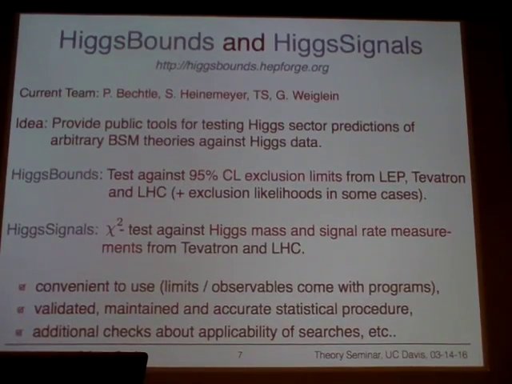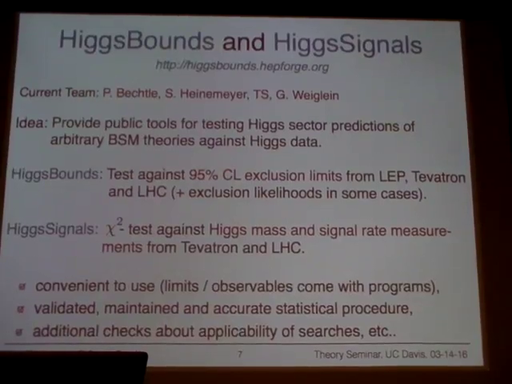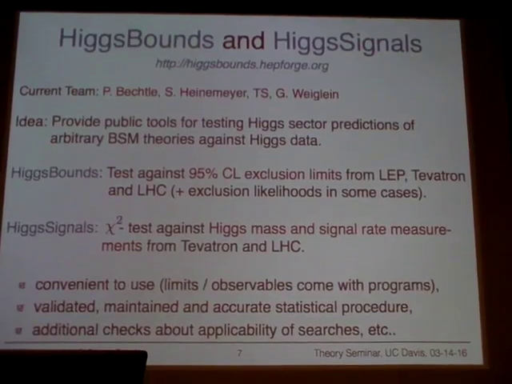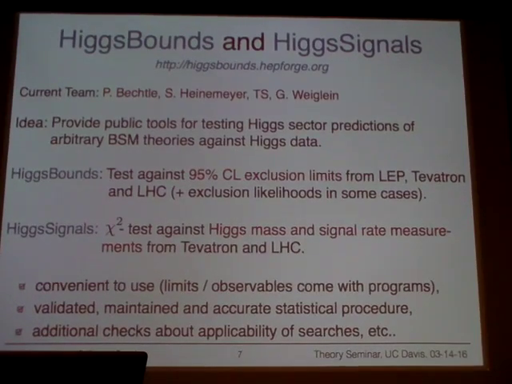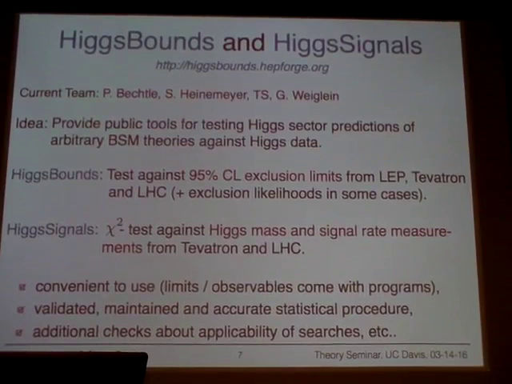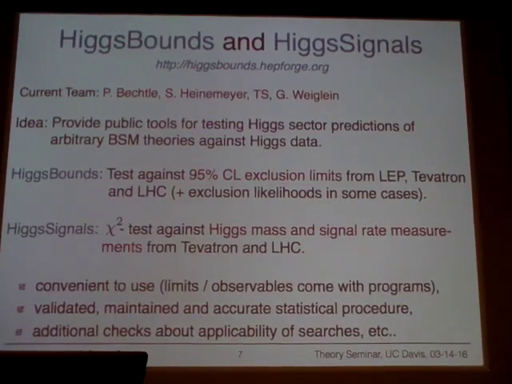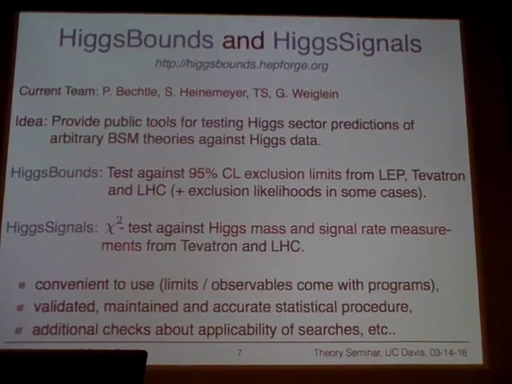At least in HiggsBounds, the efficiencies of your model for the analysis are roughly the same. So you don't have completely crazy kinematical distributions where the cuts give you completely different efficiencies. In that case, you really have to do the Monte Carlo simulation and test how well this works.